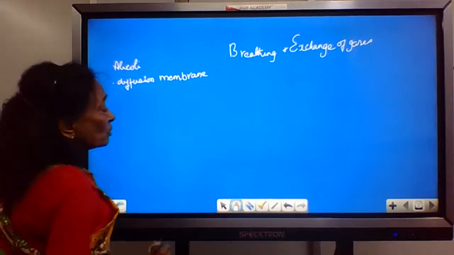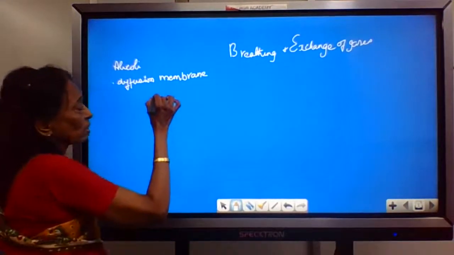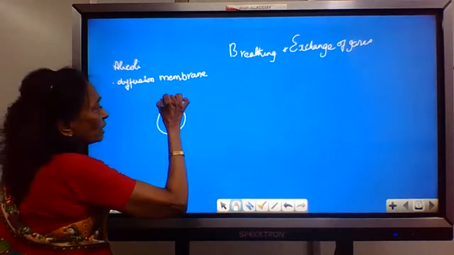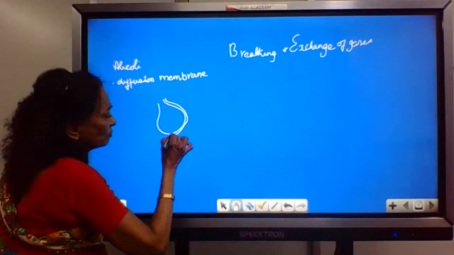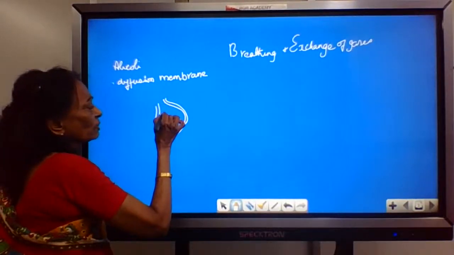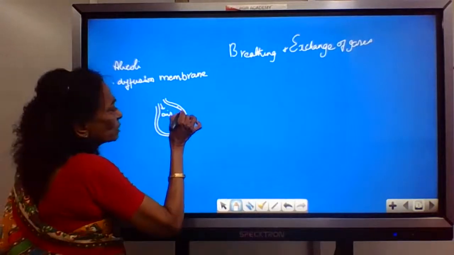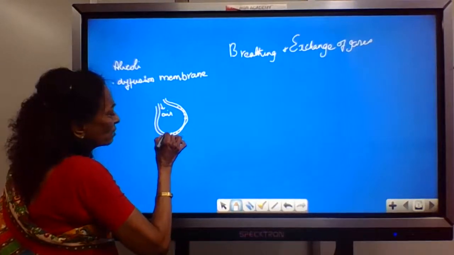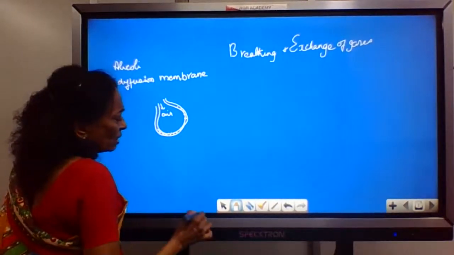Now we saw in this diffusion membrane last class that there is the alveolar sac, lined by a single layer of epithelium. That's the character of the alveoli. Air, incoming air. Then these are lined by simple squamous epithelial cells. Single layer of epithelial cells.